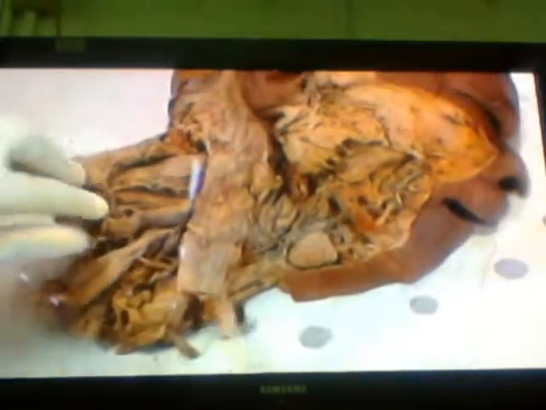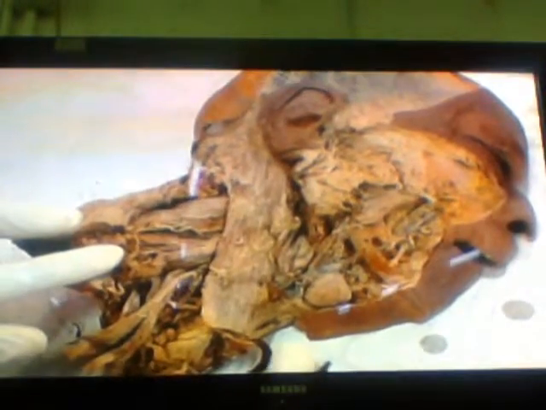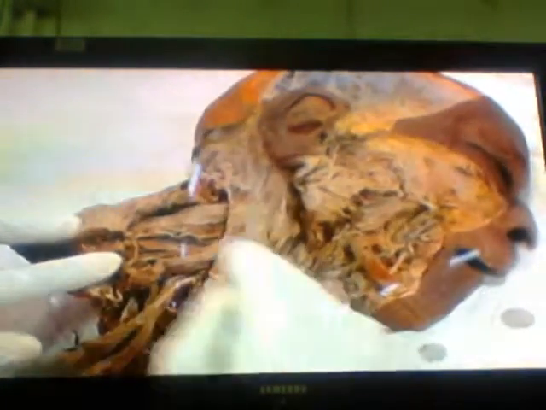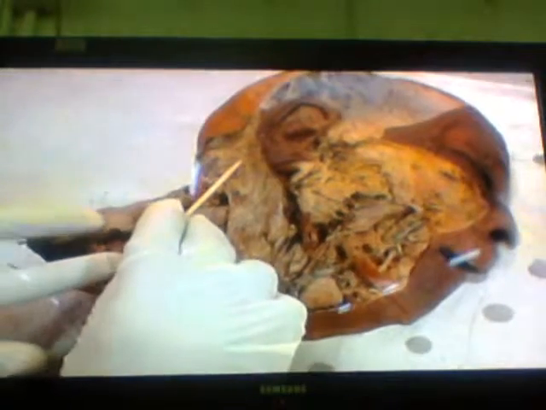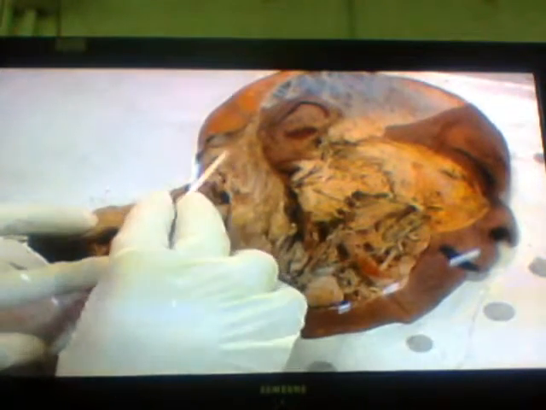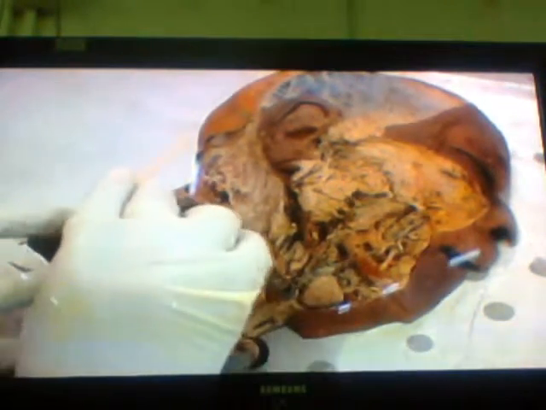The sternocleidomastoid, as you know, has two connections superiorly and two connections inferiorly. The connections superiorly are muscular and fibrous. One can be seen as thick and the other as thin.